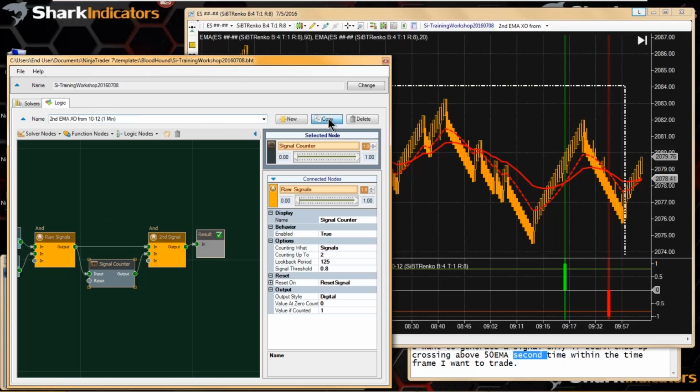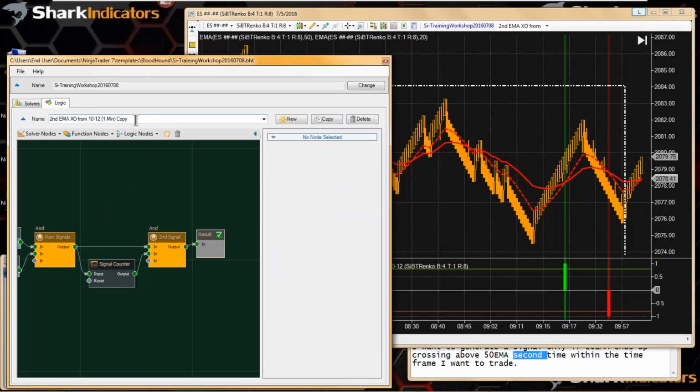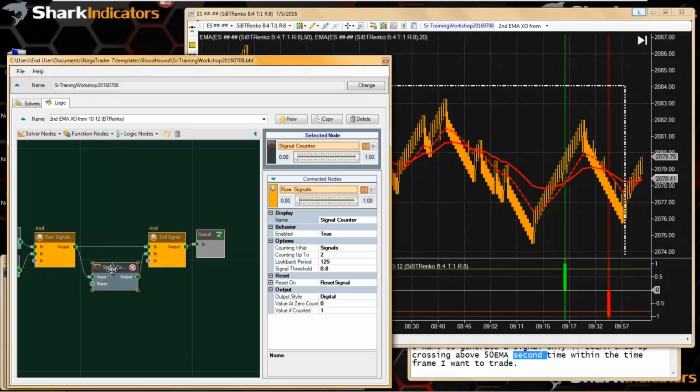So what I'm going to do is make a copy of this, and I'll call it the backtest Renko, since that's what I'm using here. All right, so I've got 2 different logic templates here, and I've done that just so I can set this signal counter up differently.